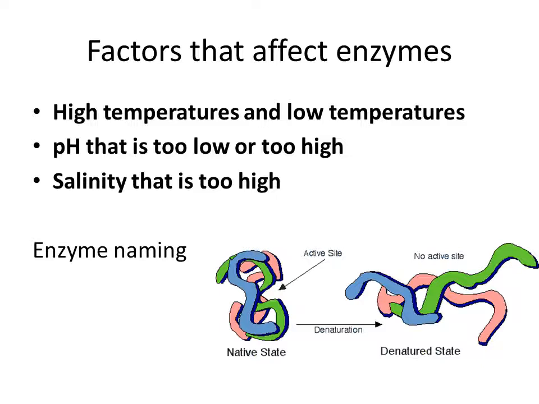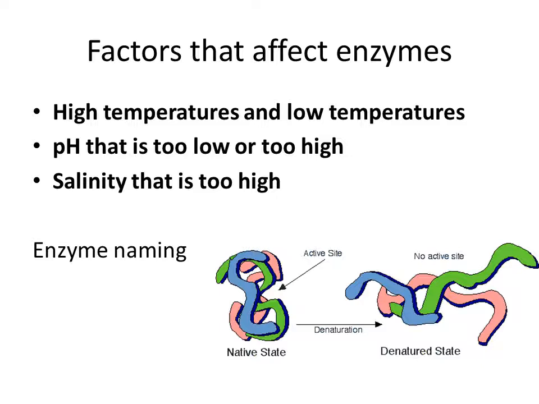And the enzyme's ability to function depends on this three-dimensional shape, where that active site is. The bonds between the amino acids that give the enzyme its shape are very, very important. And things like pH, temperature, or the amount of salt can disrupt these bonds, or what's called denature.